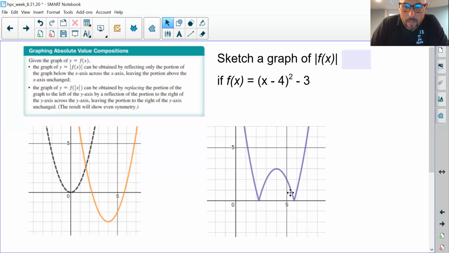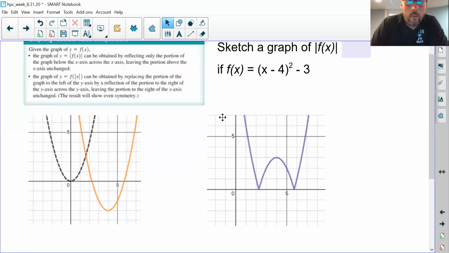But the bottom part of that parabola just got reflected up because the bottom part of that parabola was originally negative, and when you take the absolute value of a negative, you get the positive version of that. Notice the domain has not changed. The domain is still all real. The range has changed. The range goes from 0 to infinity.